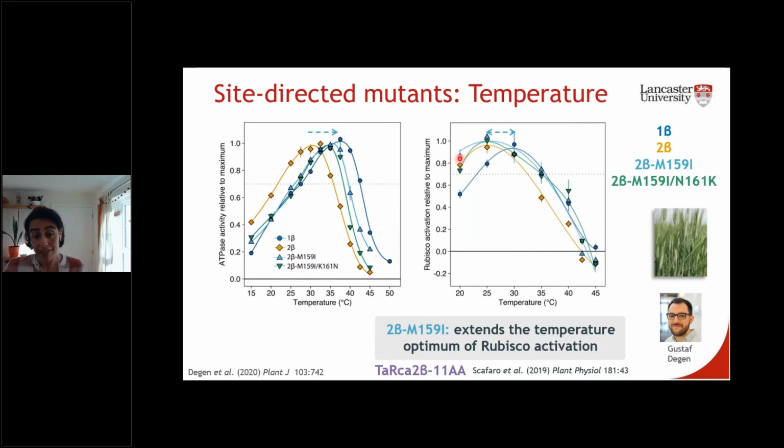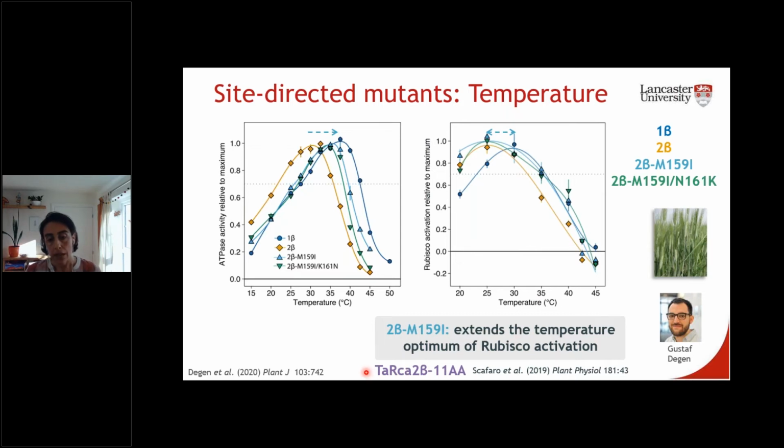So this was rather exciting because basically it means that there's a broadening of the temperature response of Rubisco activase in these two mutant proteins. So this single amino acid change extends the temperature optimum of Rubisco activation.